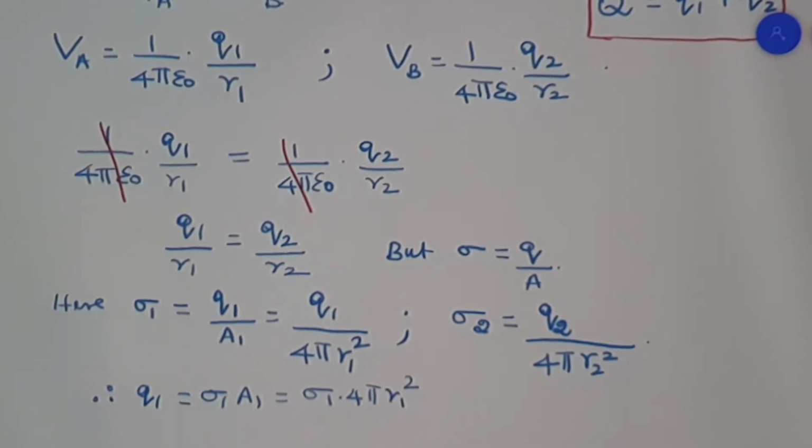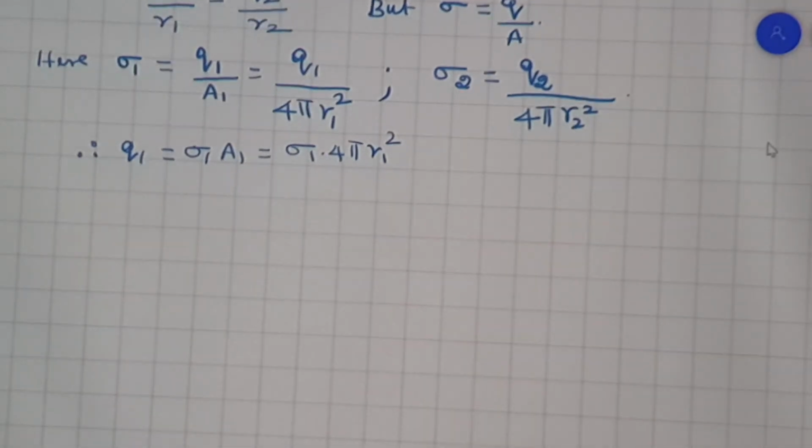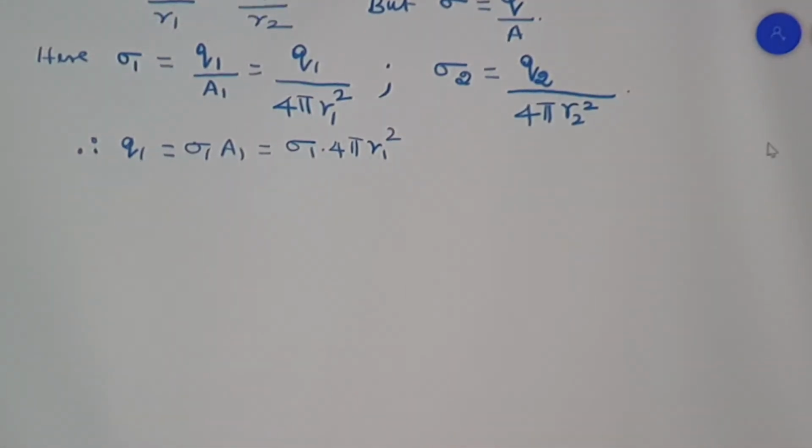Similarly, what is Q2? Q2 is equal to sigma 2 into A2, which is equal to sigma 2 into 4 pi R2 square. Take these values and substitute for Q1 and Q2 in this equation.